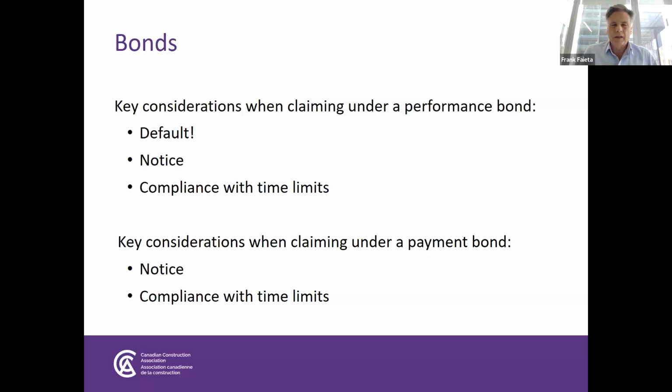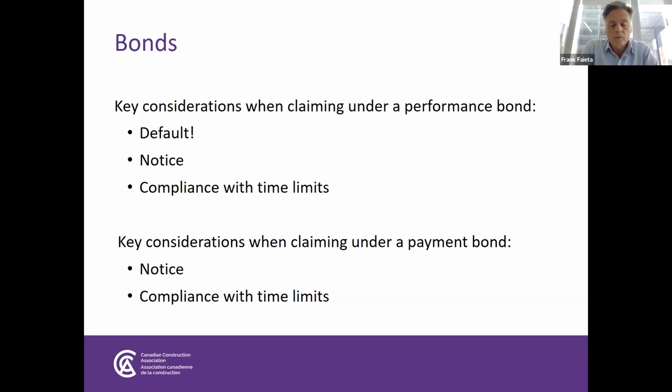You really need something that's material in terms of a default where there's no remedy in the contract. And that's an important point that you really need to get some help on from a professional who can guide you through what is the kind of default that would be a claim under a performance bond and what isn't.